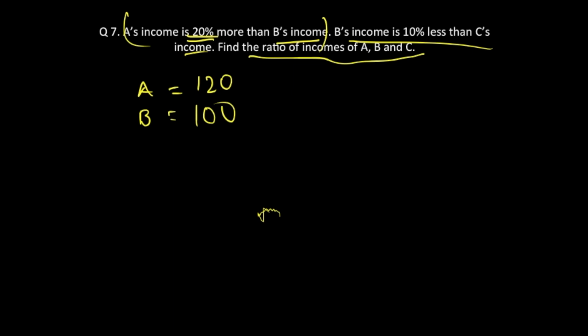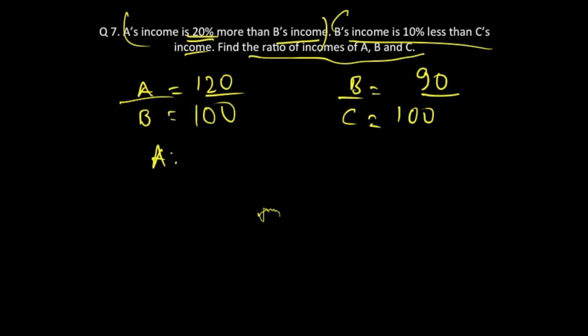Now consider the second statement. B's income is 10% less than C's income. So if C is 100 here, then B is 10% less. So that becomes 90. So now you can write these in ratio forms, and you have two ratios at your service.